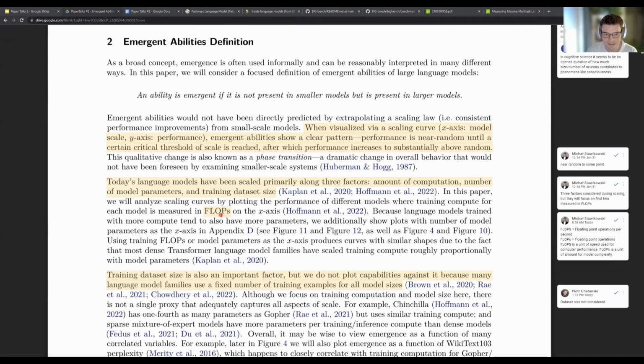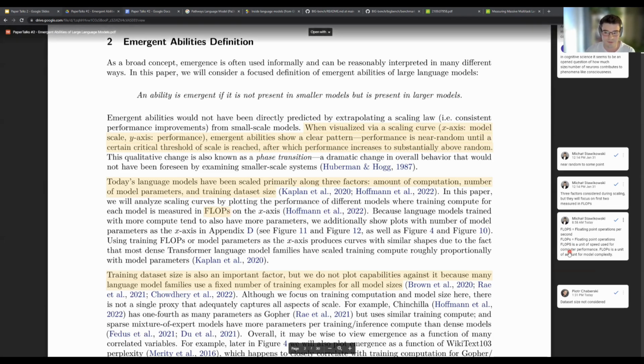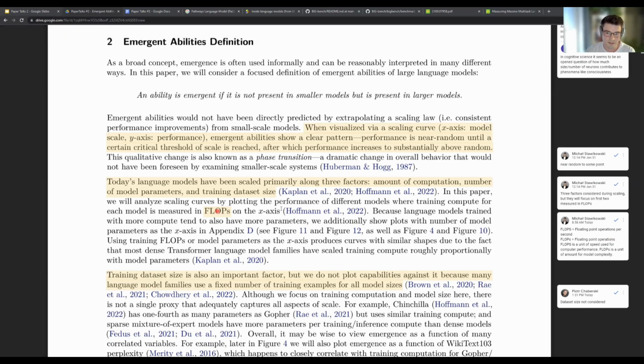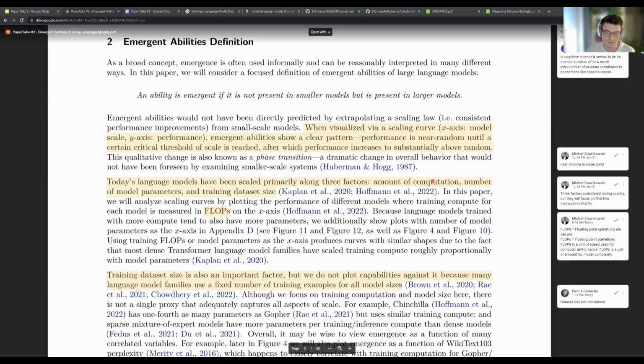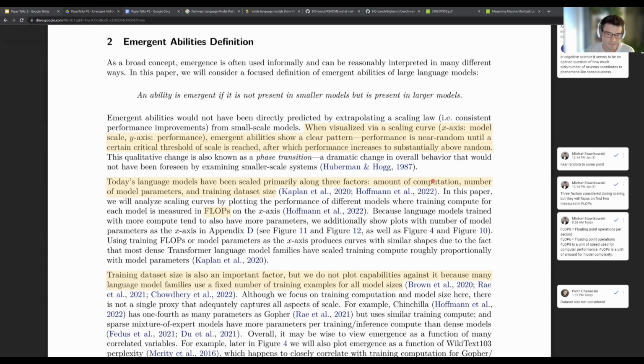But in deep learning there is a difference. Here they have FLOPs with a small s, while the first one I was talking about was with a large S. This FLOPs with small s is a unit of floating point operations, and it can also be used to measure the amount of computation needed to train some model, and it is pretty similar to the number of model parameters.